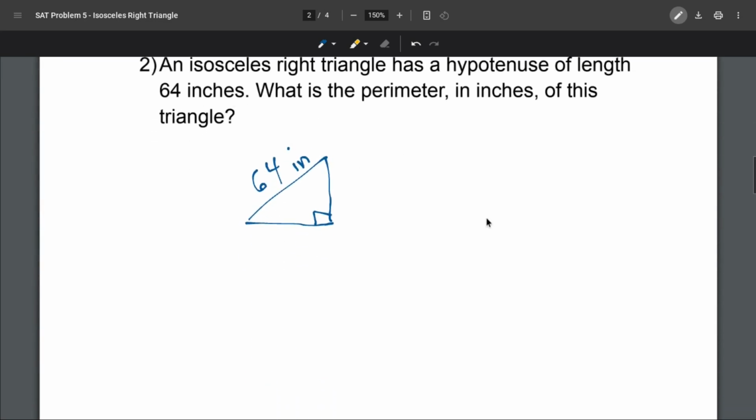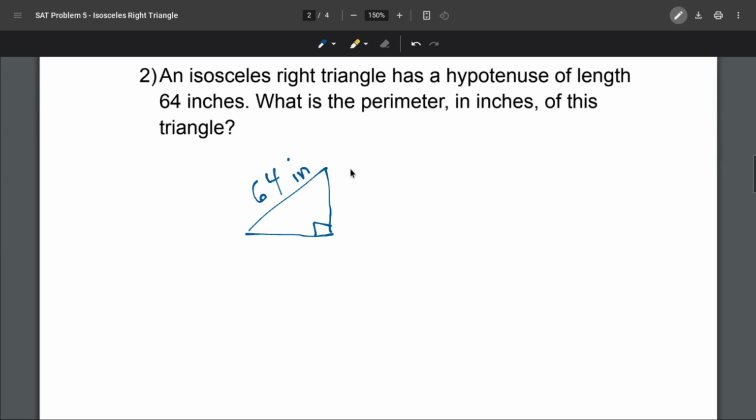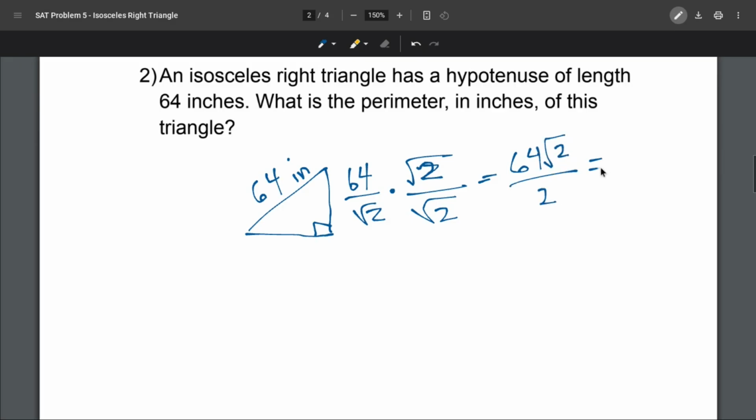So each of these sides is going to be 64 divided by the square root of 2. So this side and this side. And again, we want to rationalize the denominator, so we're going to multiply by the square root of 2 over 2. So each side is going to be 64 square roots of 2 divided by 2. And there's 2 of those, so the sum of these sides would be 64 square roots of 2.